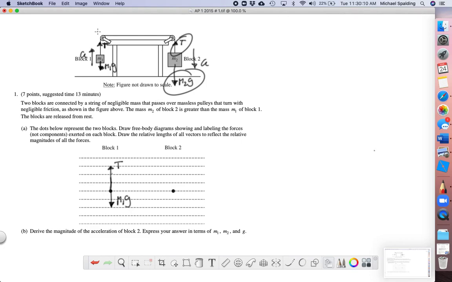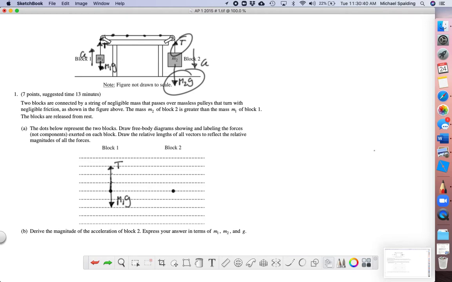As we said earlier, if these pulleys are massless, they're basically not even there. It takes nothing to get those pulleys to have an angular acceleration. And if that's the case, the tension everywhere in the string is the same. So the tension on mass 1 and the tension on mass 2 have to be equal in length.